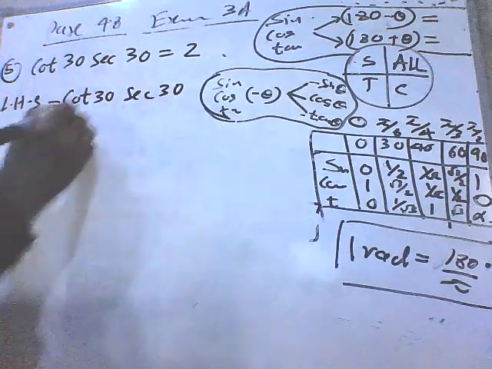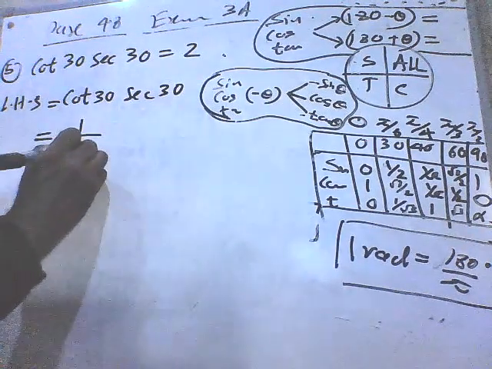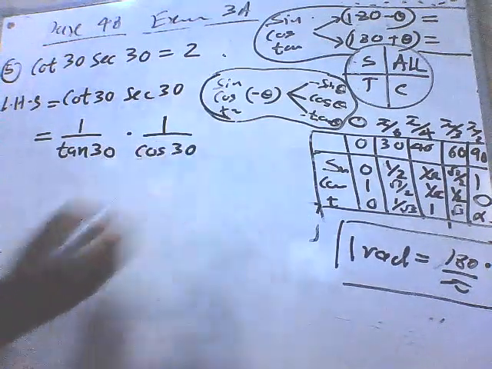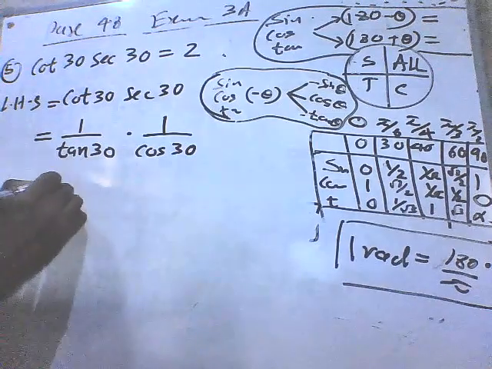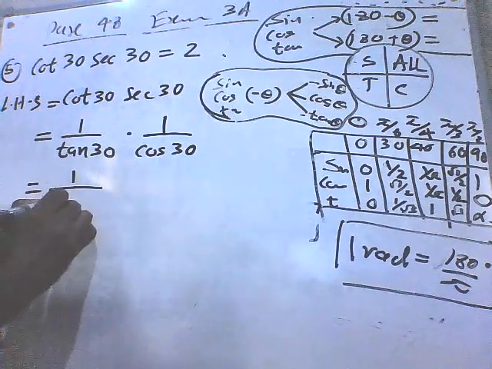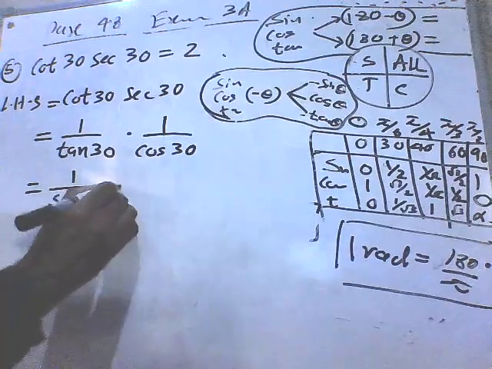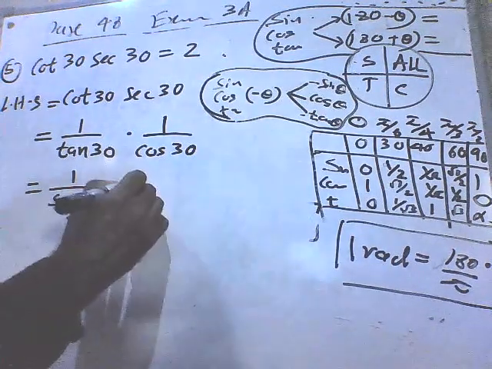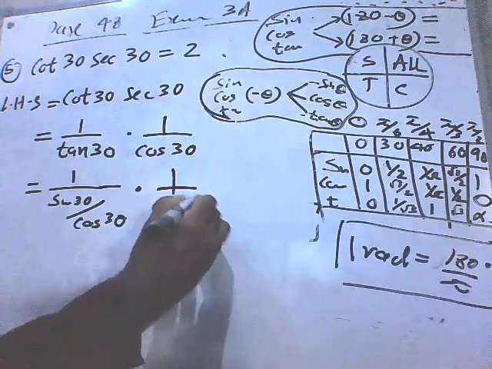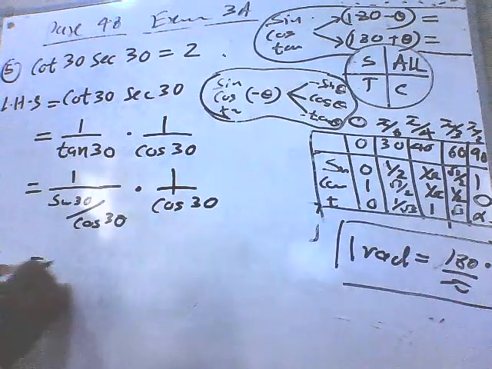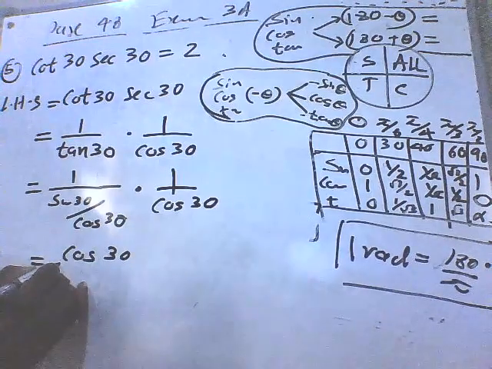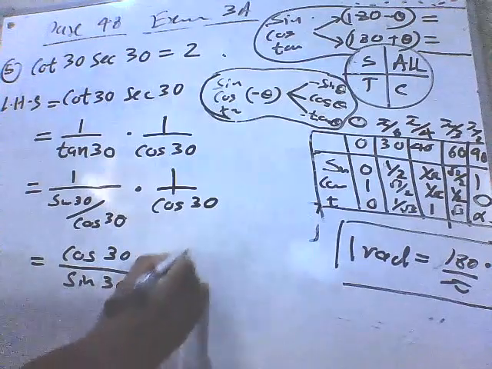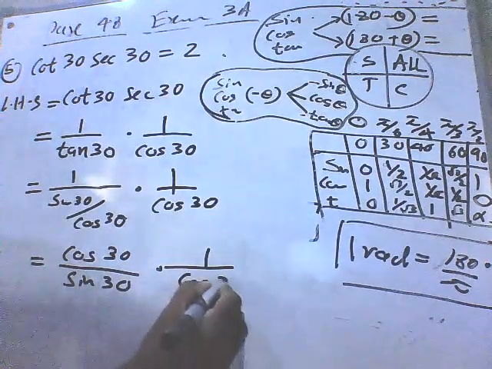So this is equal to, cot we know is 1 over tan 30, into 1 over cos 30, right? And then tan 30 is sin over cos, that is obvious, sin theta over cos theta, into 1 over cos 30. Here cos 30 goes up, so we get cos 30 over sin 30 into 1 over cos 30.